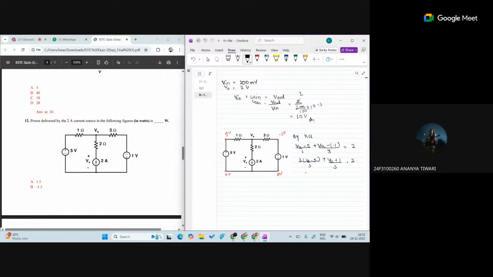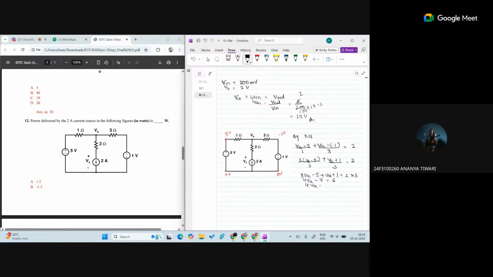Why do we multiply with 3? To make the denominator the same, like the LCM. So this will be 3VA minus 5 plus VA plus 1, and this 3 would go to the other side, so it would be 2 into 3. Did I do something wrong?